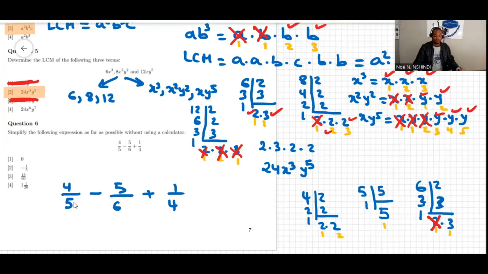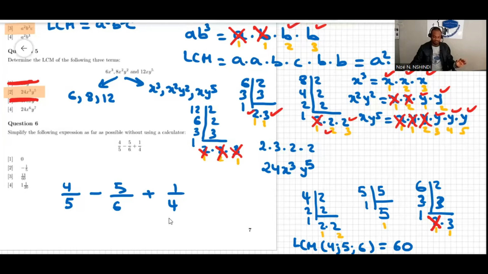Then I need to make this denominator equal to 60, because the LCM of 4, 5, and 6 is equal to 60. So now I would like to change the denominator to make it equal to 60. How can I do this?